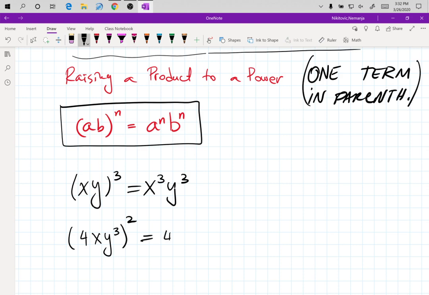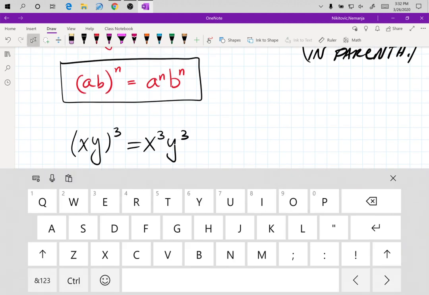You get 4 squared, x squared, and y cubed squared. 4 squared is 16, x squared, and then y to the 6, because power of a power gets multiplied, so 3 times 2 is 6. Star this problem, it tends to show up on the final and multiple choice section, right?